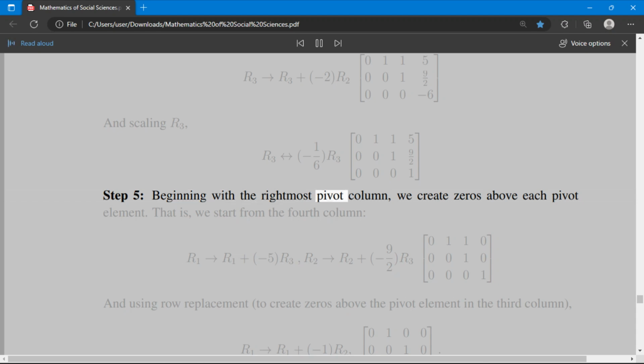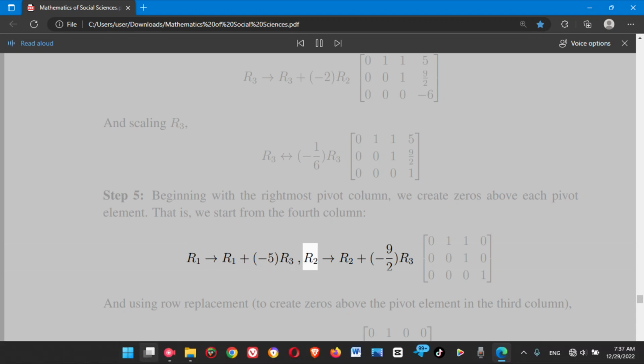01150019200001. Step 5. Beginning with the rightmost pivot column, we create zeros above each pivot element. That is, we start from the fourth column.